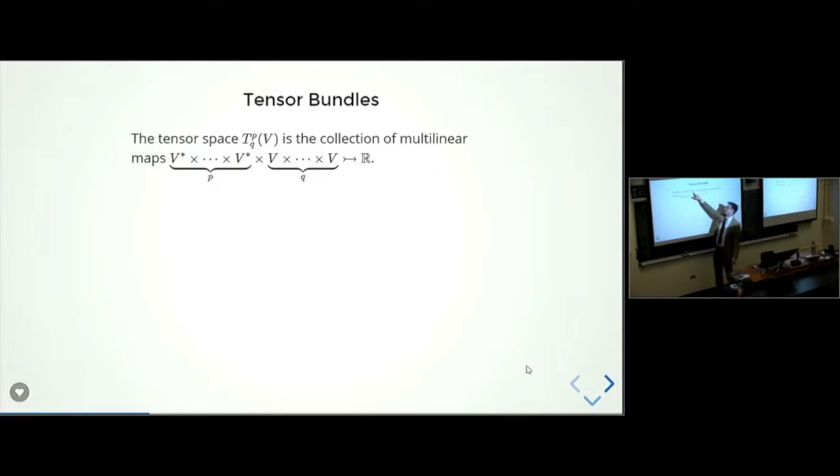So I have a vector space V, and I define the tensor space T^P_Q to be the collection of multilinear maps from P copies of V dual and Q copies of V into R, the base field. I'm depending very heavily on finite dimensionality at all points in this talk.